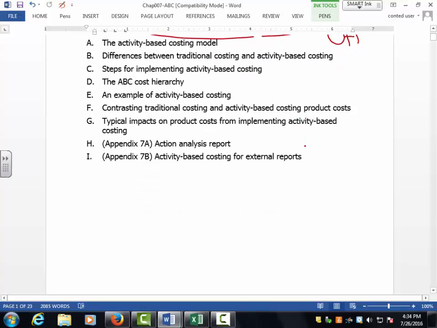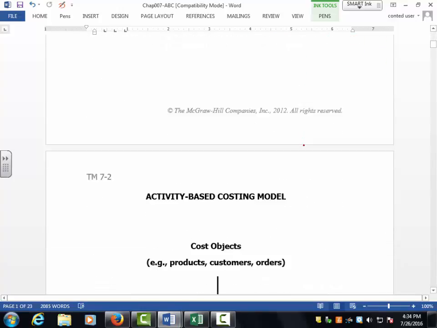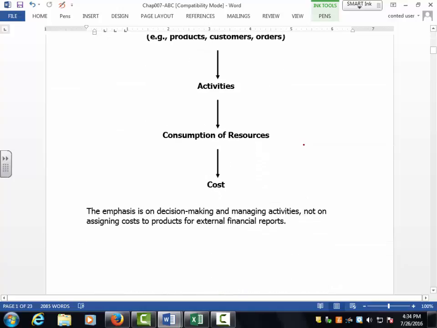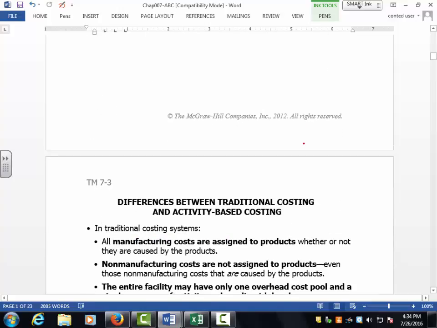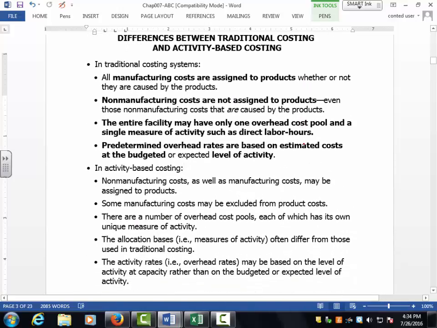There are so many slides in this handout that I'm going to skip most of them and rely on me just going through the numbers and giving you the theory while you see the numbers. But I would like to look at this slide, and I went ahead and pre-highlighted some of this. In the traditional costing system, plain old job order costing, all the manufacturing costs go to the products.